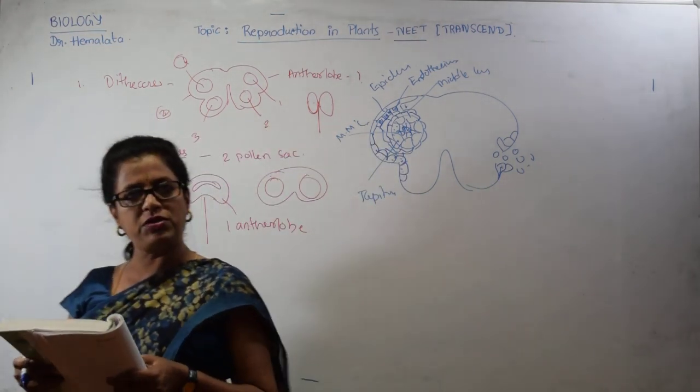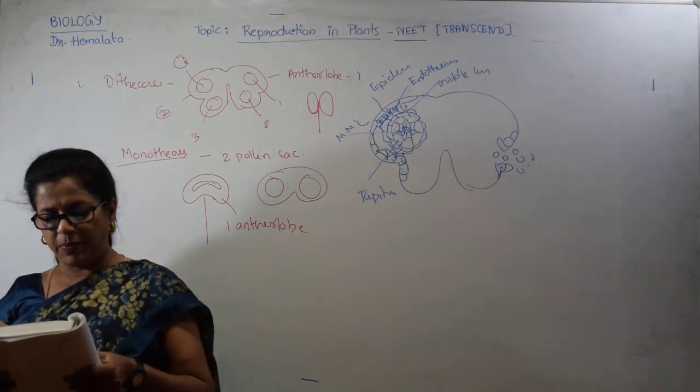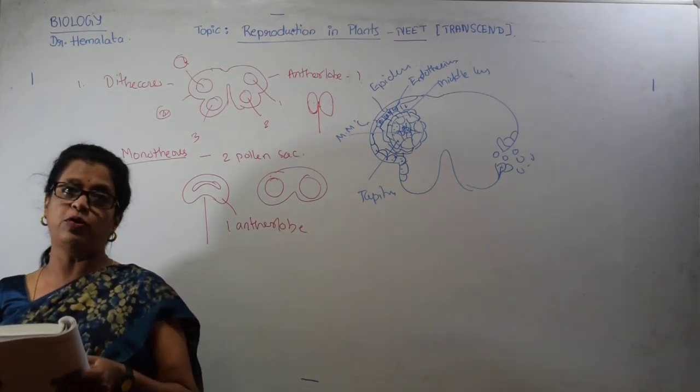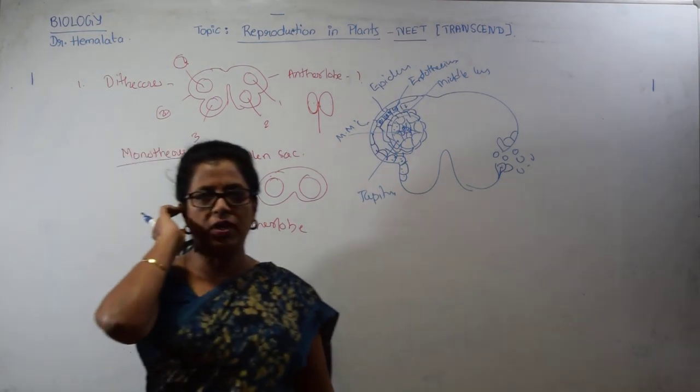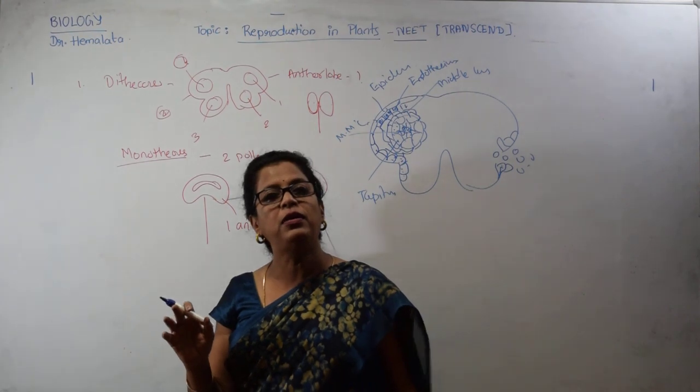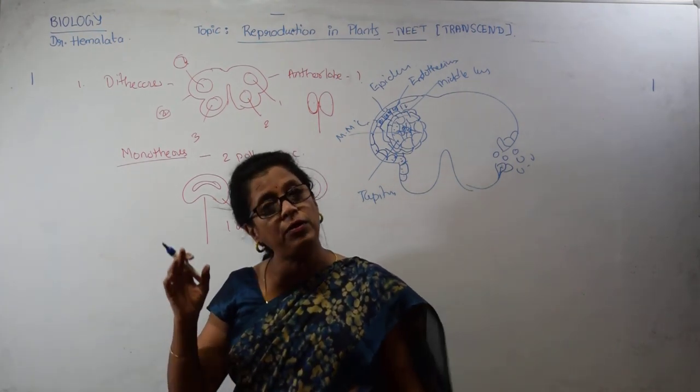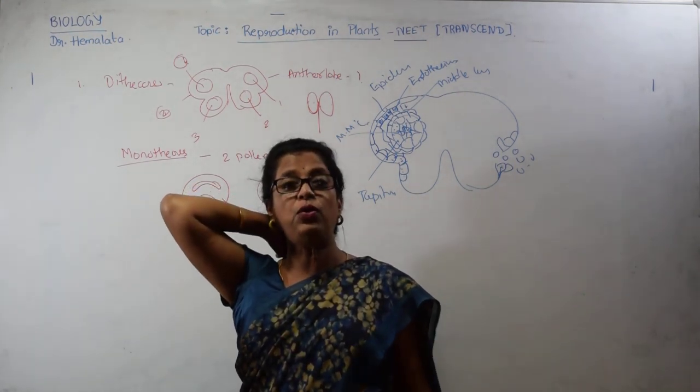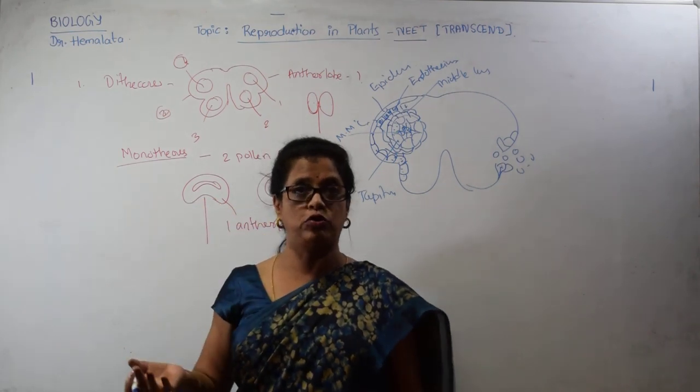Then comes the third statement saying that cells of the tapetum undergo meiosis and produce a microspore tetrad. This you have to understand properly, because the tapetum layer is only helping for the nourishment of the growing microspore mother cells to microspores.